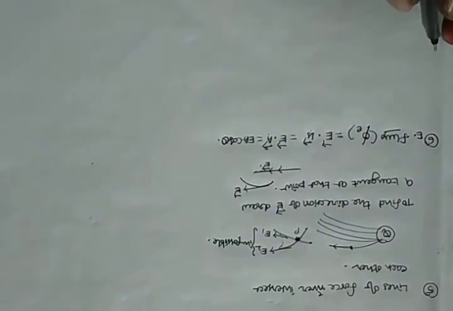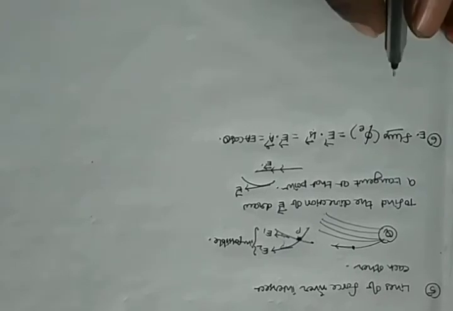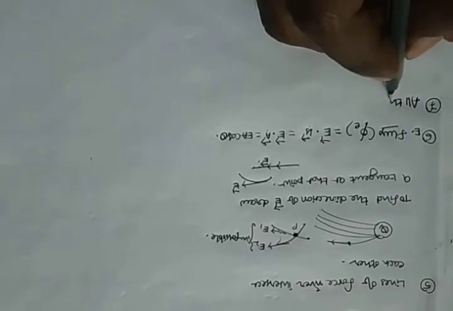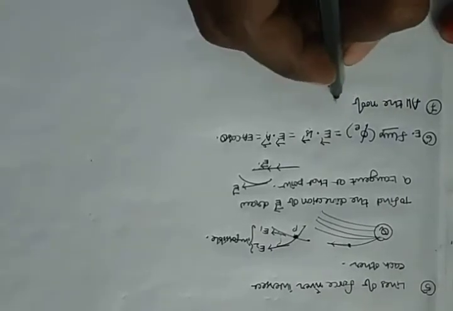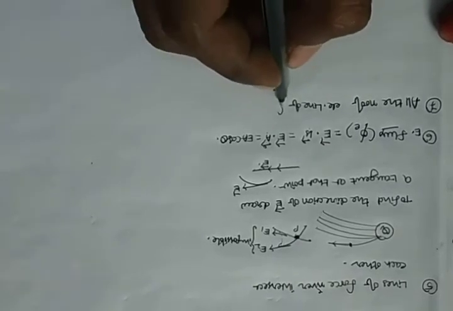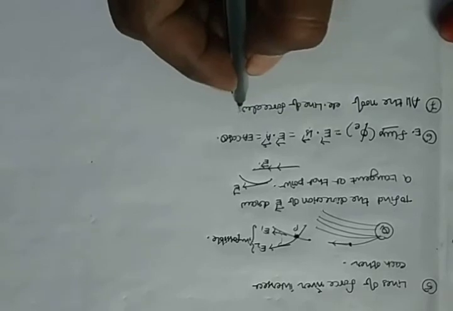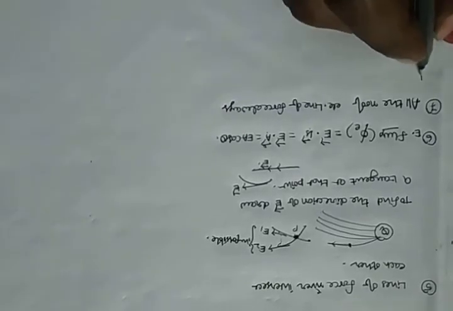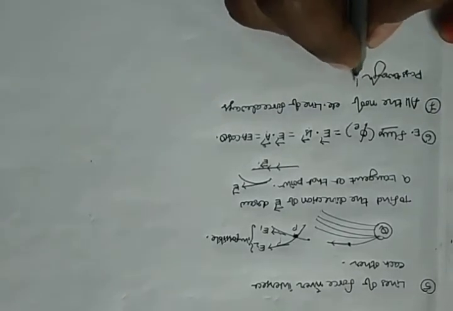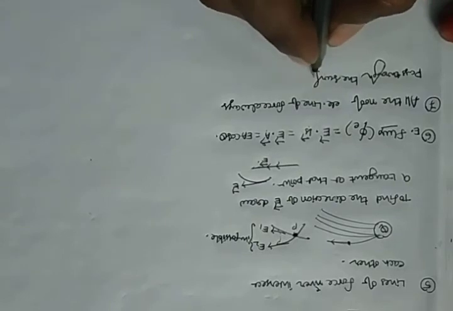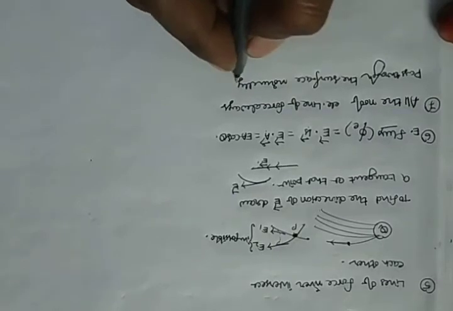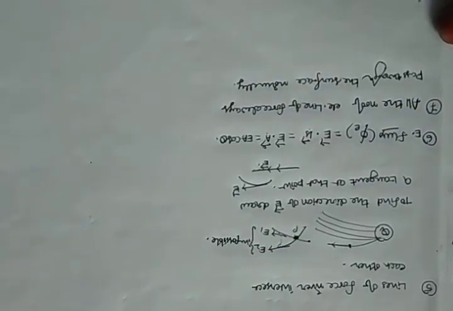All the electric lines of force always pass through the surface normally.